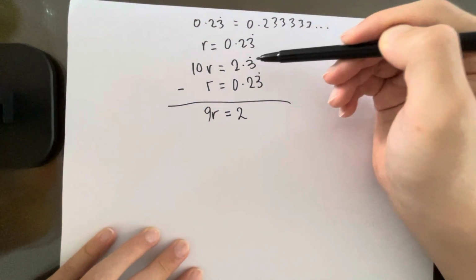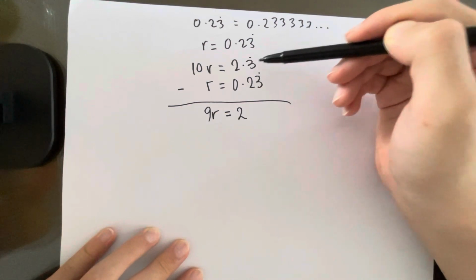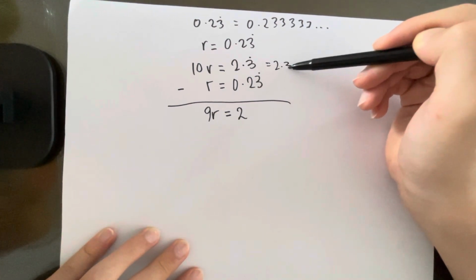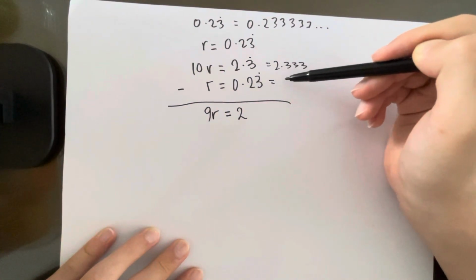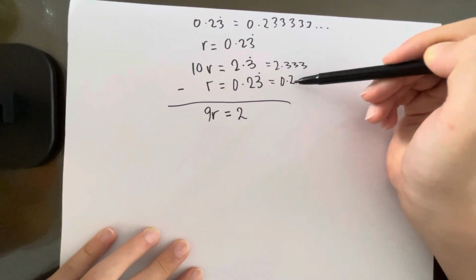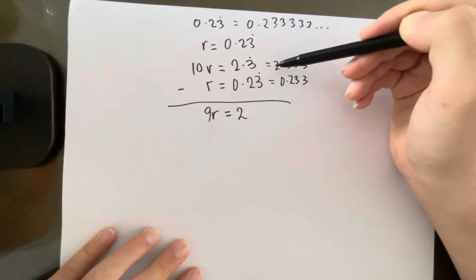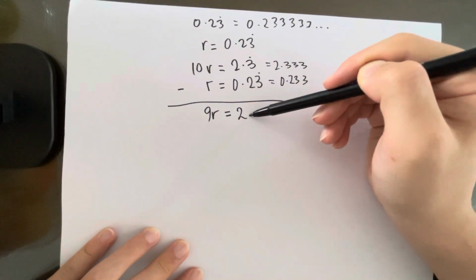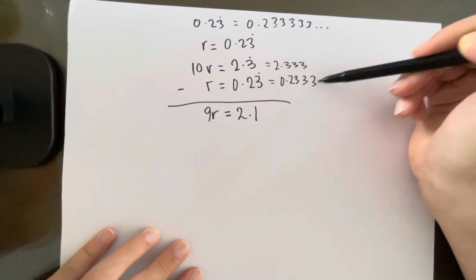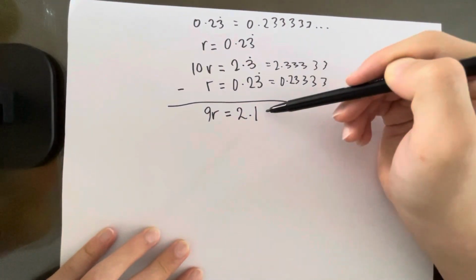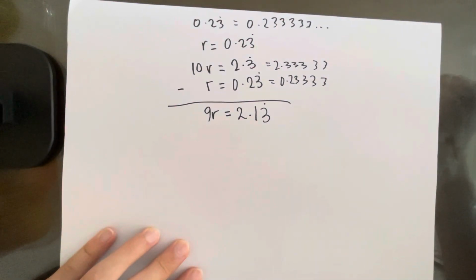Now we have a recurring 3 here, so this can be written as 2.333 recurring, and we have this over here as 0.233 recurring. What happens when you minus this? We have 2 here, 3 minus 2 is 1, and all these 3's are recurring continuously.